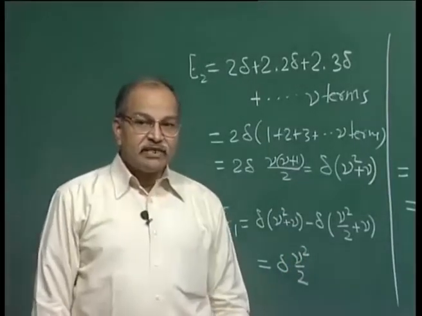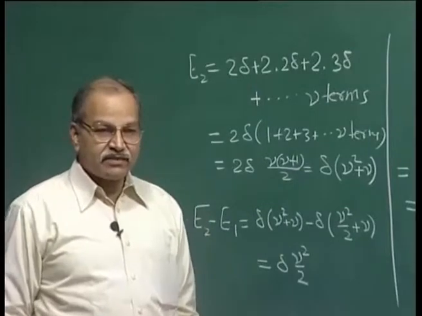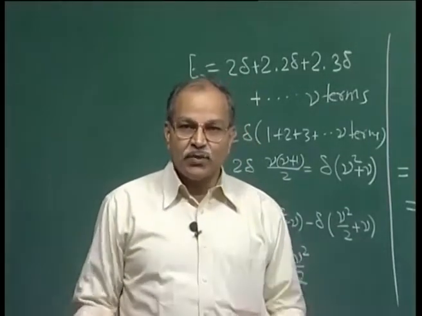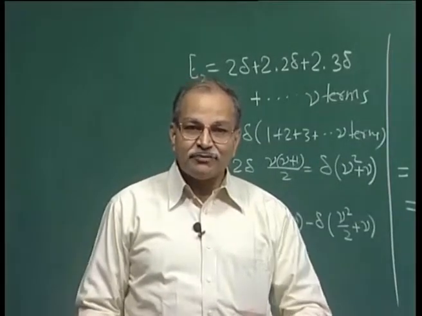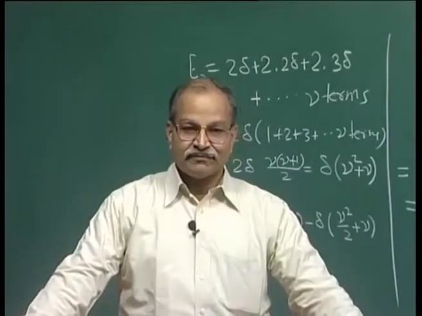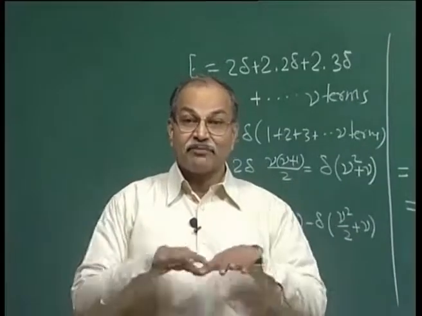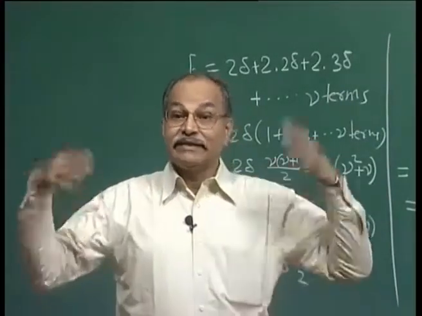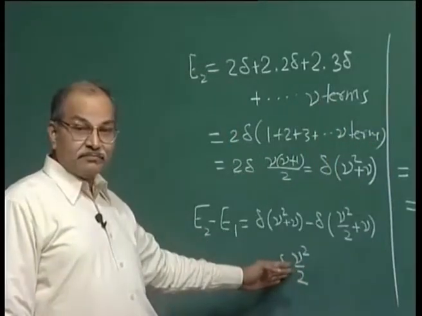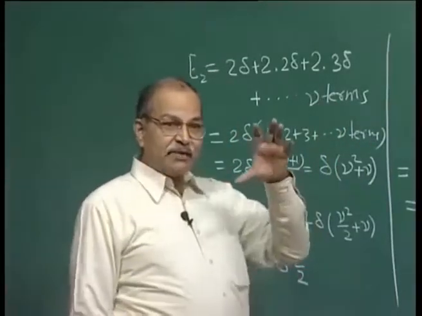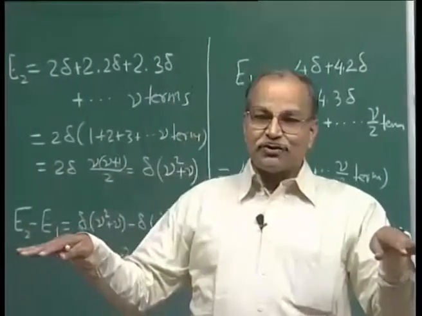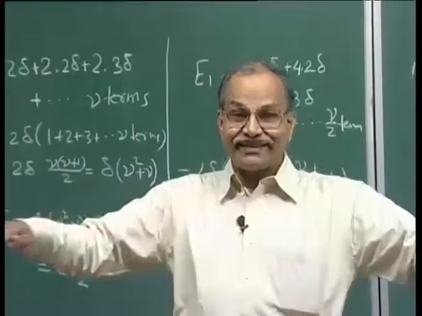So, if there is an asymmetry in neutron number and proton number, if they are not equal, then compared with equal division A by 2, the energy of the nucleus will increase by this term. Okay? If the same A nucleons were divided equally between proton and neutron, then what would have been the energy?